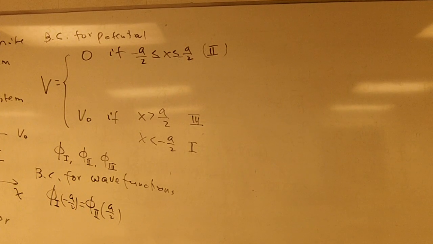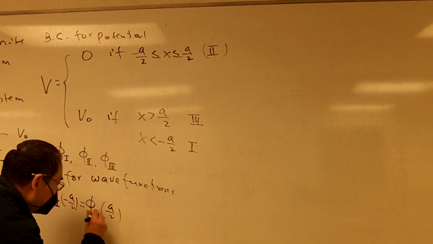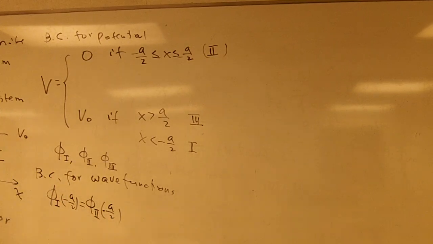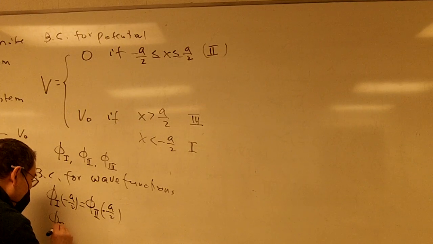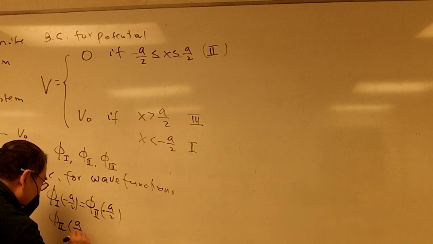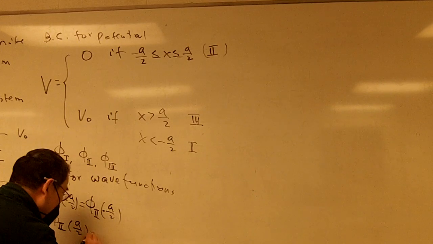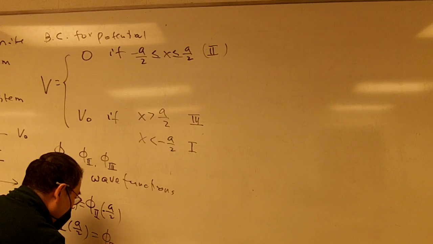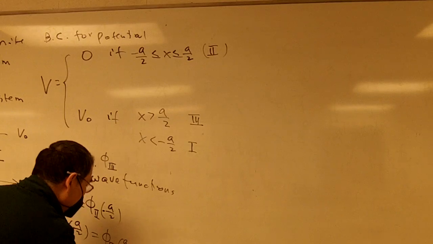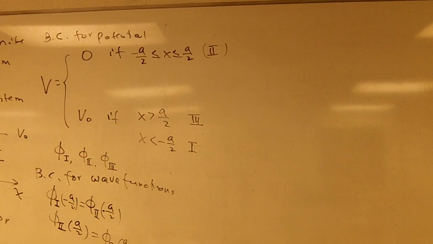Whatever value you take, I have to put an equal sign here, and it has to be exactly the same. Similarly, at the other boundary, phi 2 at positive a over 2 has to equal phi 3 at a over 2. These two must be exactly the same.